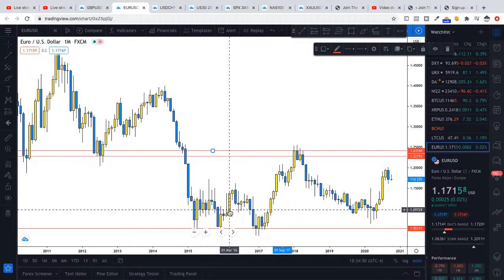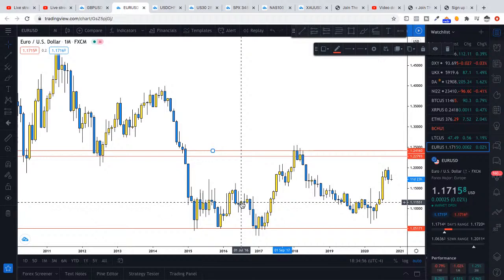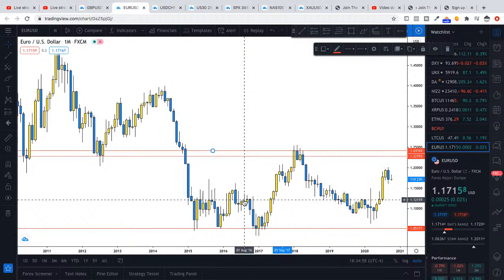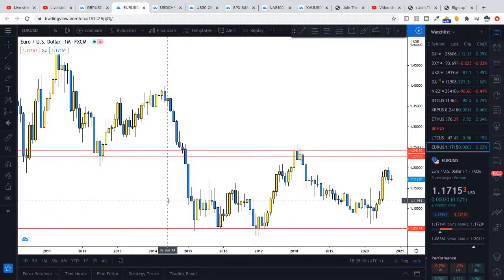I want to see what happens at that point. That's how I'm looking at the price action. This here is another zone that I'm interested in. Not saying that it gets to the zone and price does something, but when it gets to these zones, I want to see.